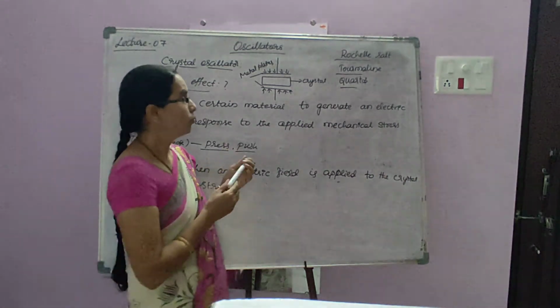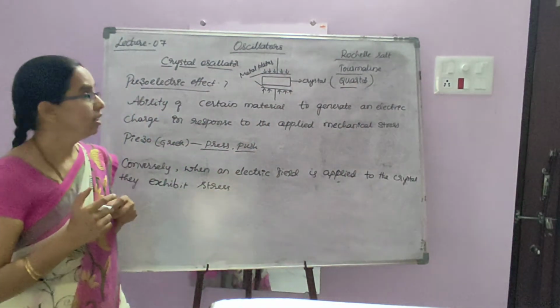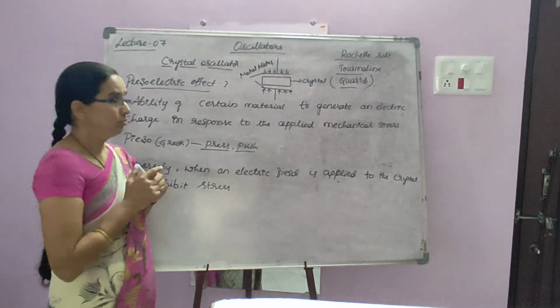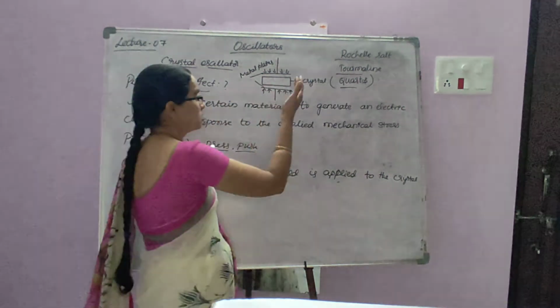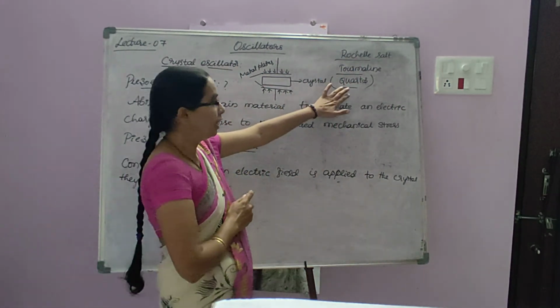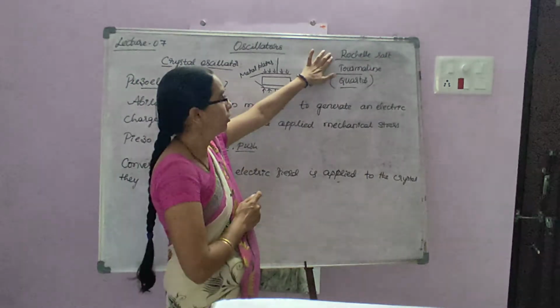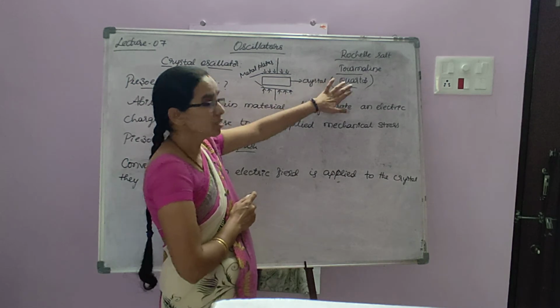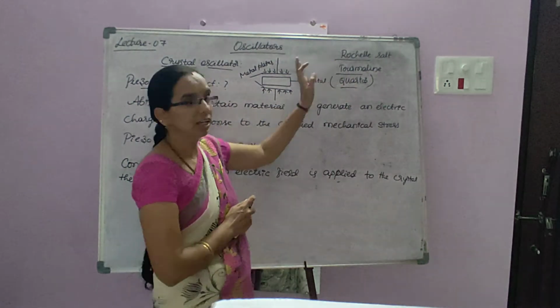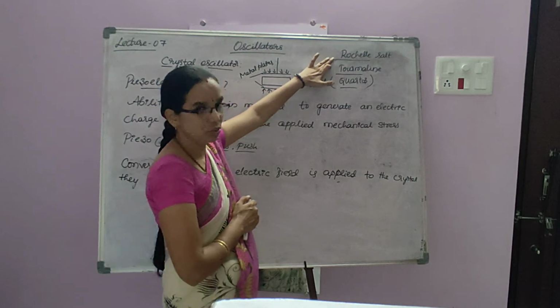And quartz is the well-known piezoelectric material which compensates both the properties. I mean, it is mechanically stronger than Rochelle salt, and it also exhibits better piezoelectricity than tourmaline. That means quartz is in between these two.